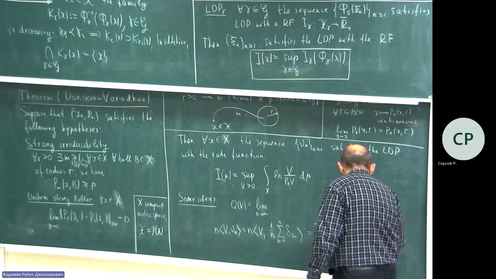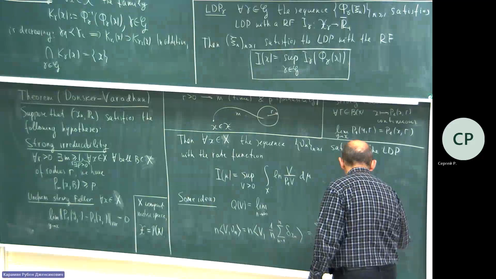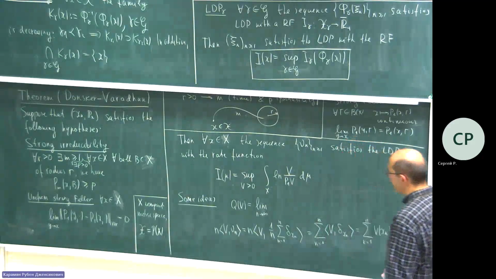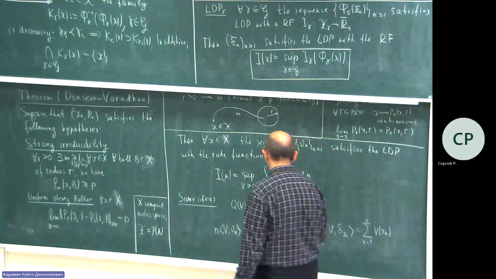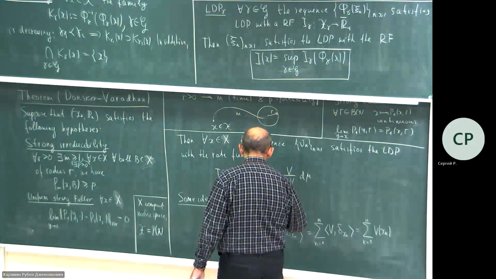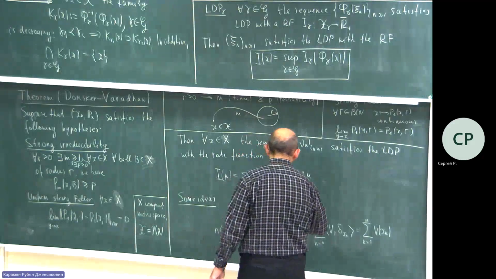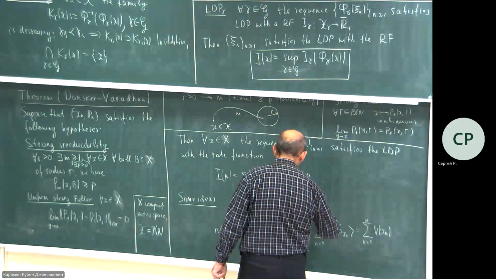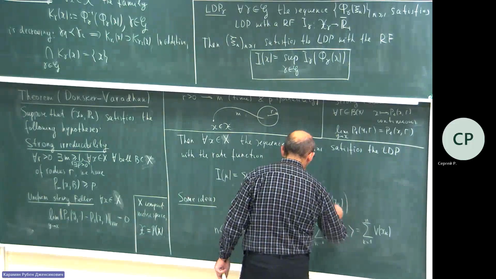We get the sum k from 1 to n of v of xk. What we get is 1 over n times the logarithm of the mean value of the exponential of the sum of v of xk.